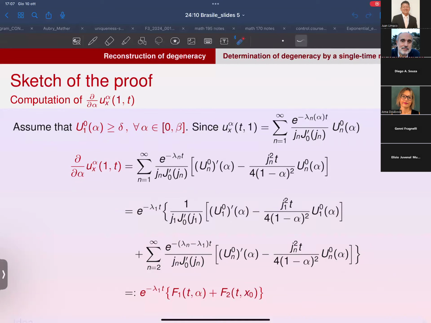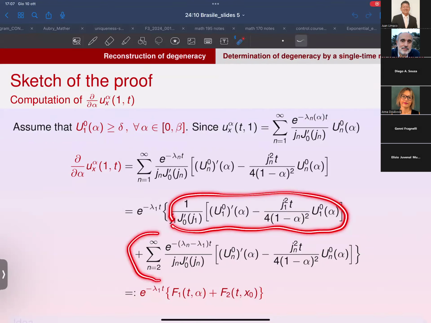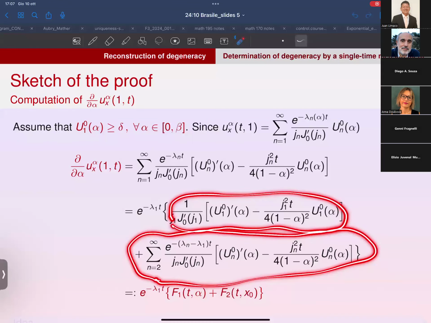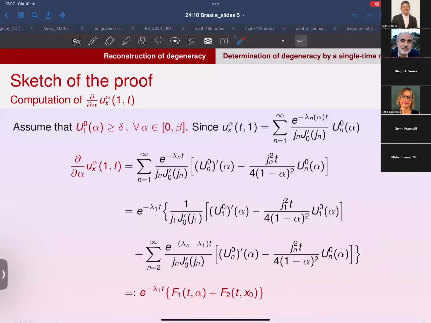I have just factored by e to the minus the first eigenvalue, and so this is the contribution of the first term, and these are all the other terms from 2 to plus infinity. So the proof consists in showing that F1 goes to plus infinity as t goes to plus infinity, and F2 goes to 0 as t goes to plus infinity.